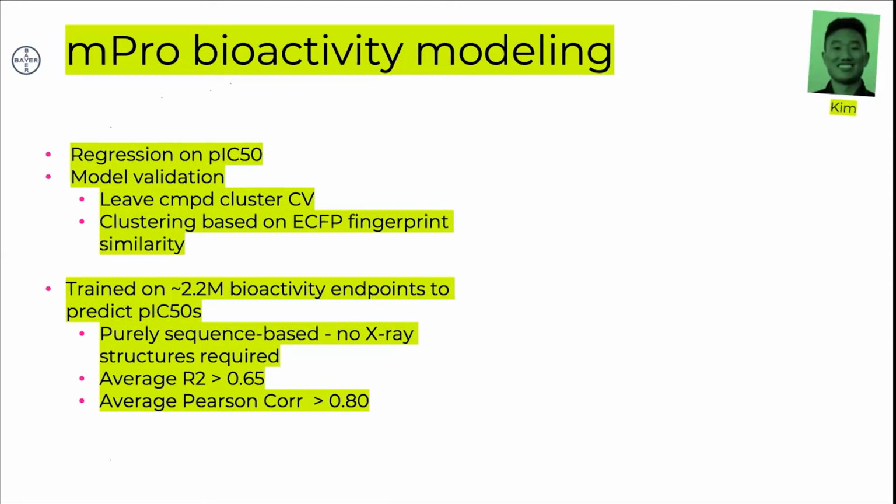In order to do this, we clustered those compounds on ECFP fingerprint similarity into 10 different clusters. And then we did early stopping on the hold-out cluster set.